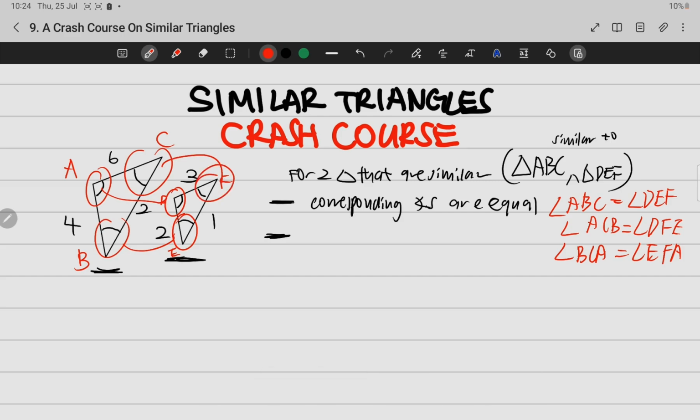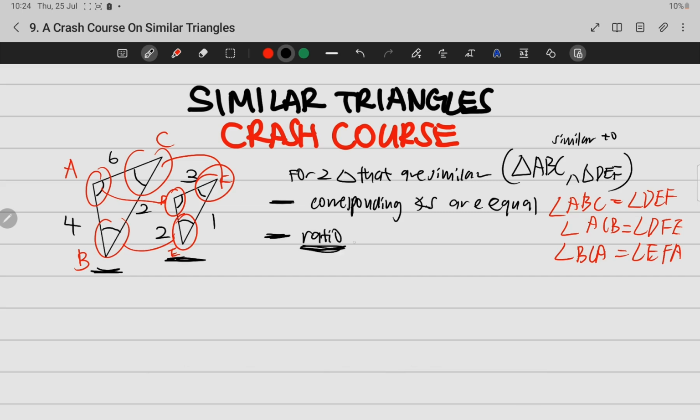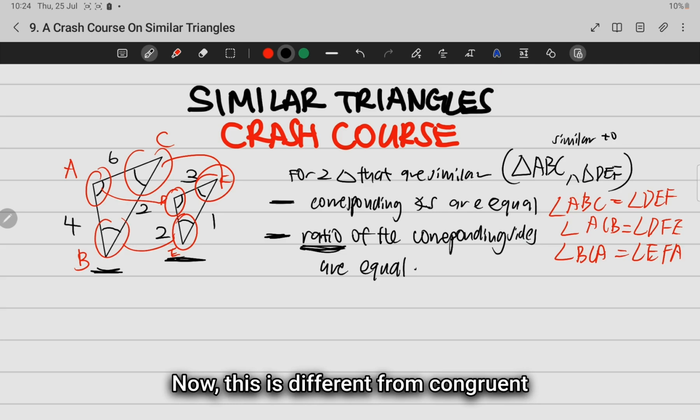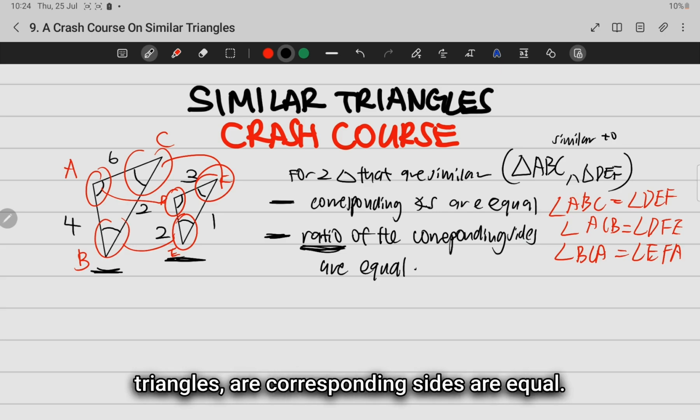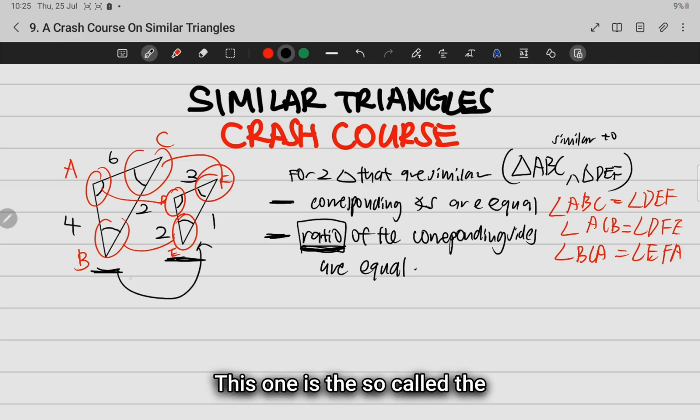Exactly the same. And now the second one would be the ratio of the corresponding sides are equal. Now, this is different from congruent triangles, where corresponding sides are equal. For similar triangles, the ratio of the corresponding sides are equal, because they are not the same size.